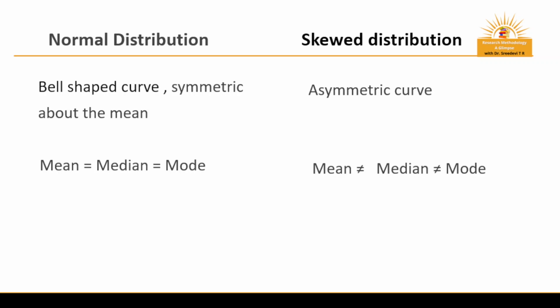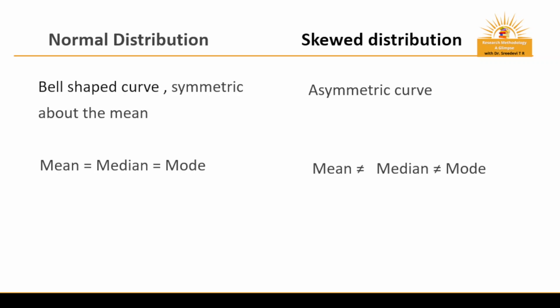Variables like height, weight, IQ, BMI, blood pressure are normally distributed or approximately normally distributed in a population. But some variables are not always normally distributed. Distribution is not always symmetrical. In that case, it is skewed distribution.